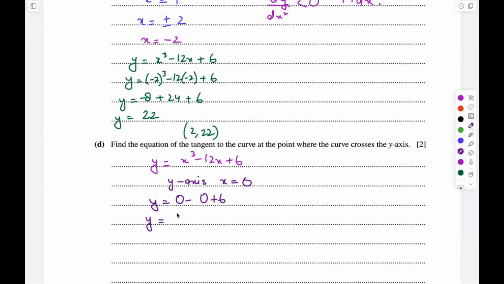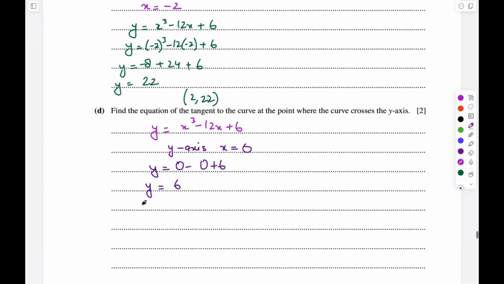So we have the point (0, 6), where the curve crosses the y-axis. To find the gradient, we know the expression for dy/dx was 3x² minus 12. Substituting x equals 0, this will become 0 minus 12. The gradient will be equal to -12.